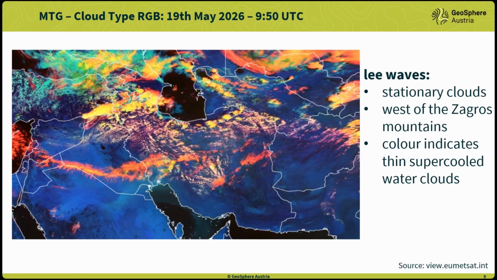And last but not least, the color. This light pinkish color indicates thin supercooled water clouds, and most of the time, Lee waves are thin supercooled water clouds. So that's also a nice feature that you can detect with the help of the Cloud Type RGB. You cannot see the dust in this RGB because it's not good for monitoring surface features.